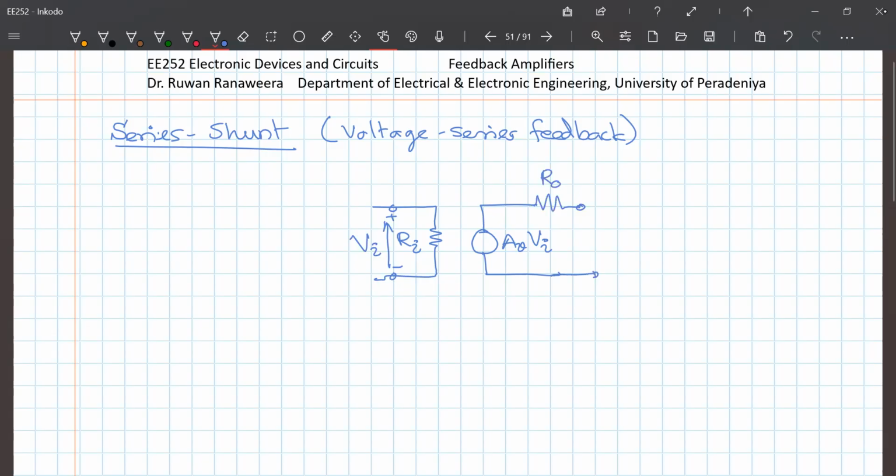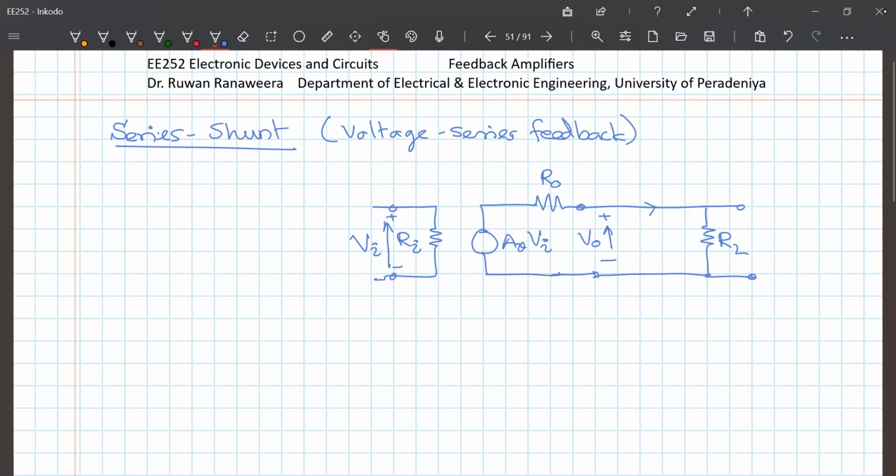And then I have the output voltage here, V out, and I connect it to the load R, and this is my output load voltage.